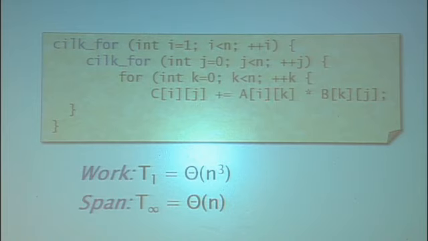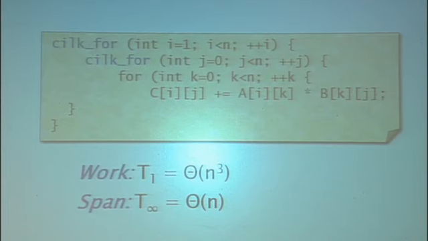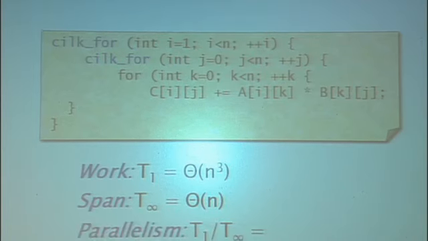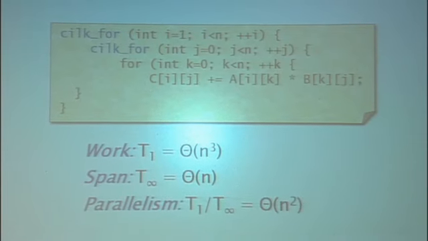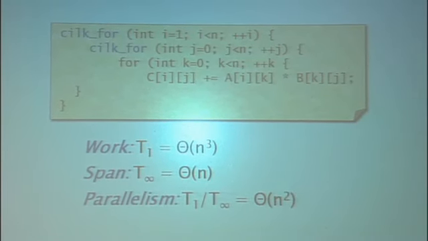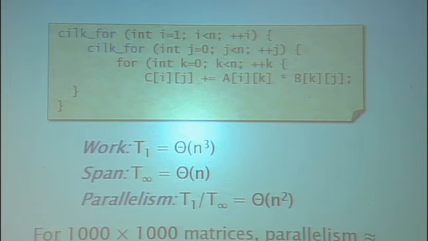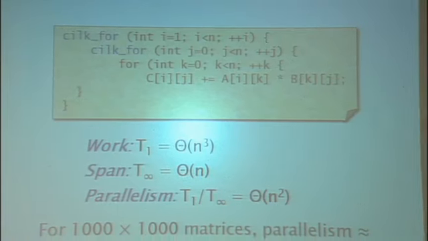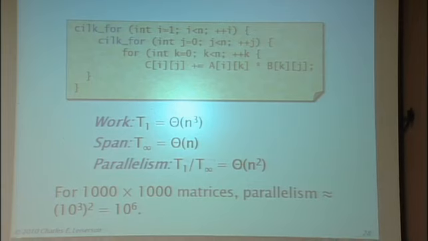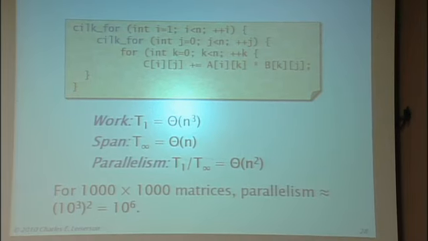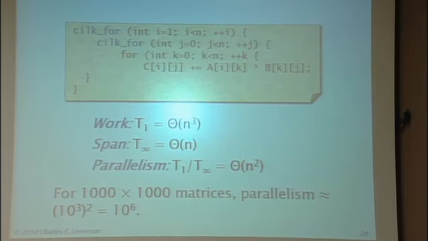Log n plus n is order n. Okay? So order n span, which says parallelism is order n squared. So for 1,000 by 1,000 matrices, the parallelism is on the order of 1,000,000. Wow. Okay, that's great.